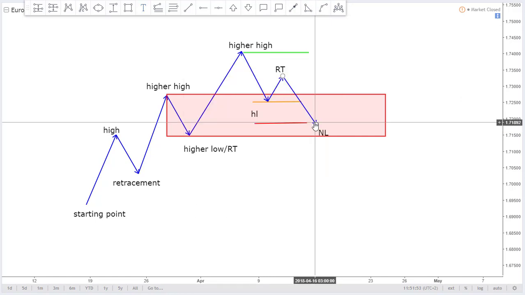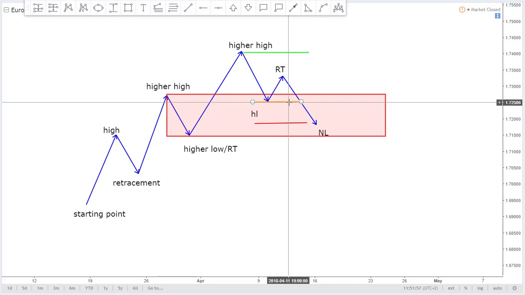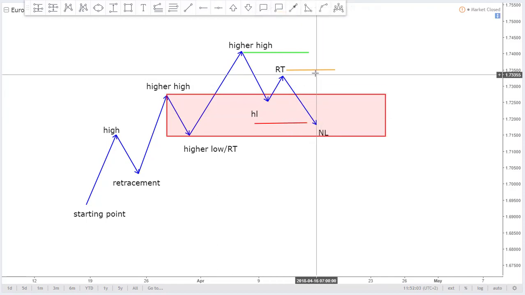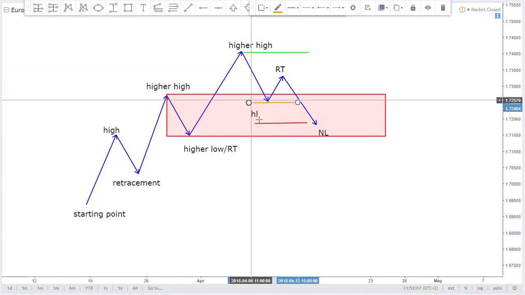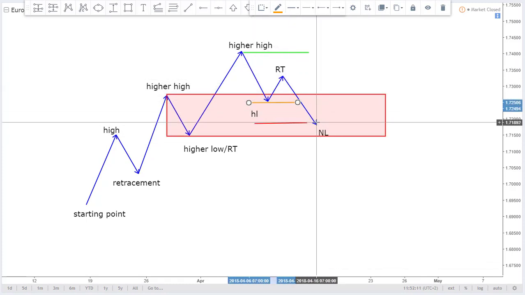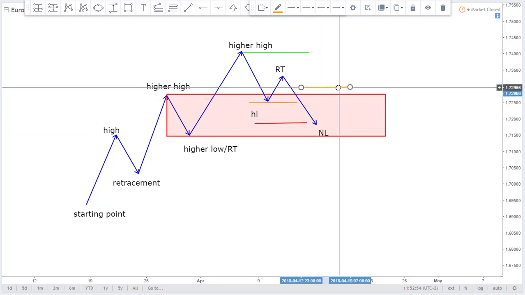Have you ever done this? I did this in the past and it made me lose a lot of money really quick. I would identify that price gave us a high, a higher low, a retracement, and a new low, and think I need to get into this. Let's say price does something like this.